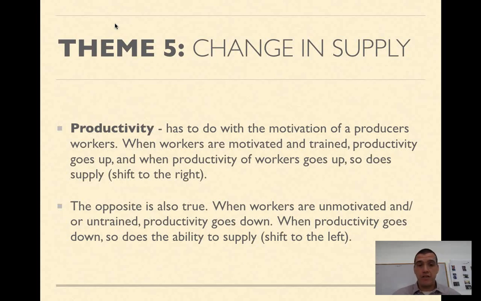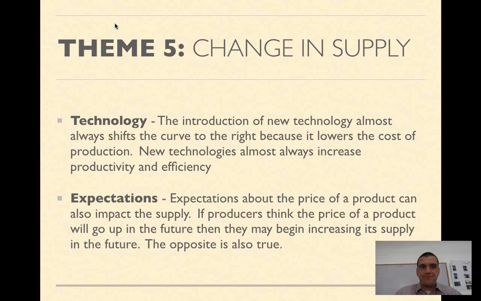This can actually create a shift to the left of the supply curve, because supply is going to go down when your workers aren't working hard and putting in the effort to make the product. So that's another example of a non-price determinant of a change in supply.